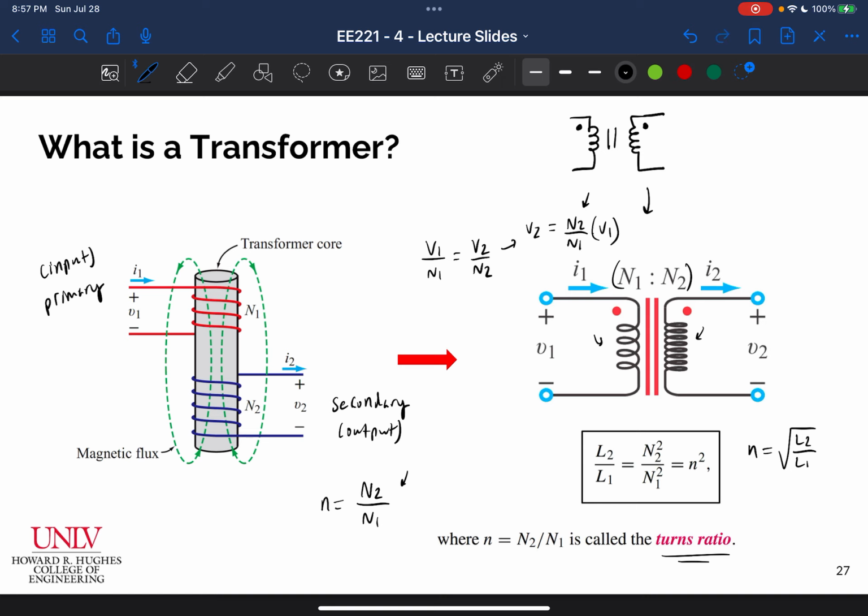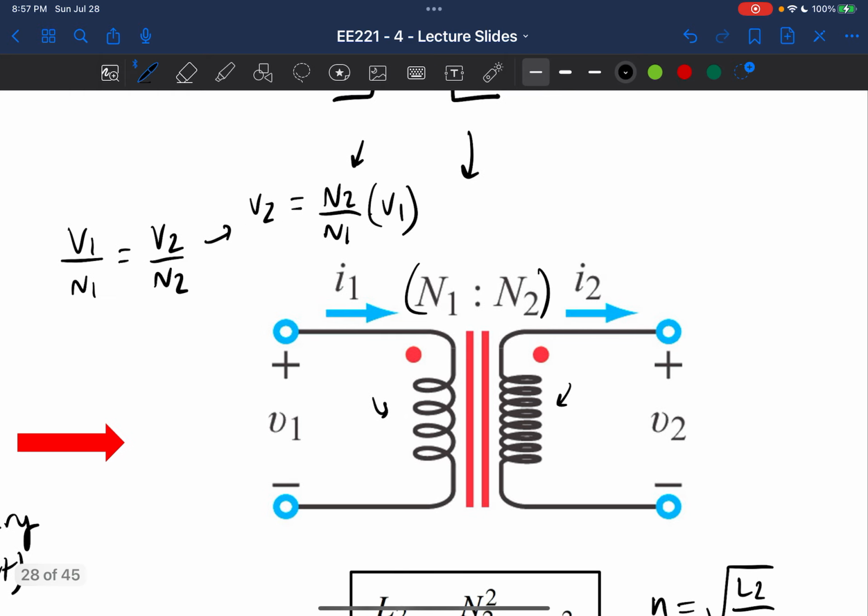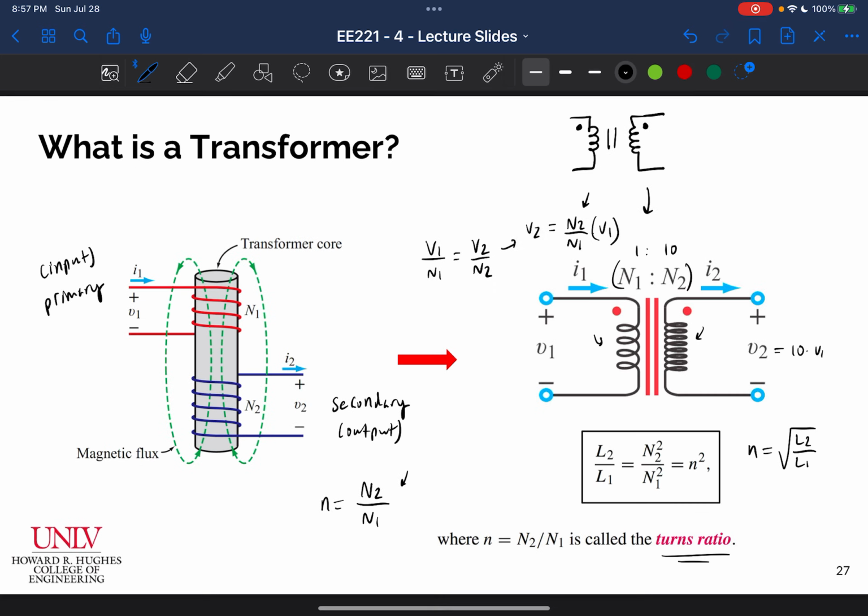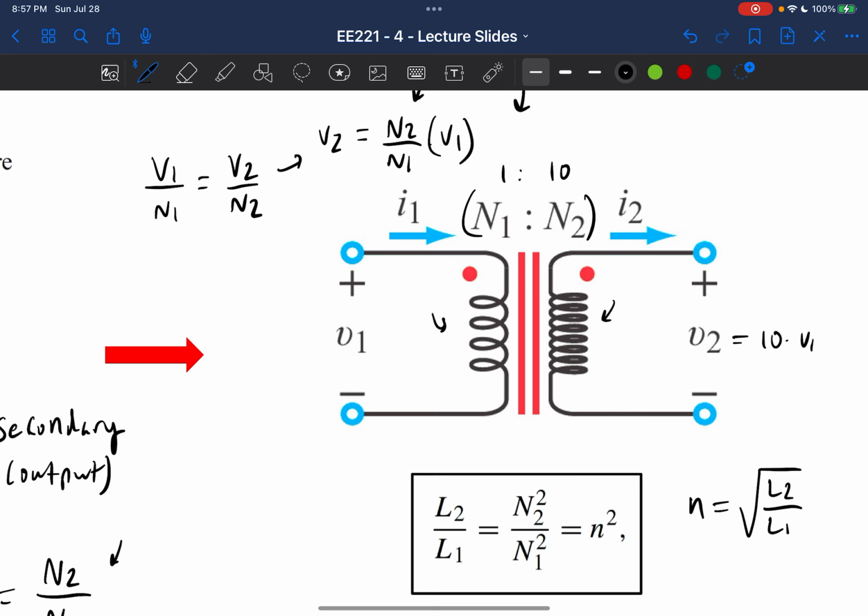And that's really powerful, because that means that if I make this turns ratio 1 to 10, I can get a voltage at the secondary, V2, which is 10 times V1. So I can really easily step voltages up using a transformer.